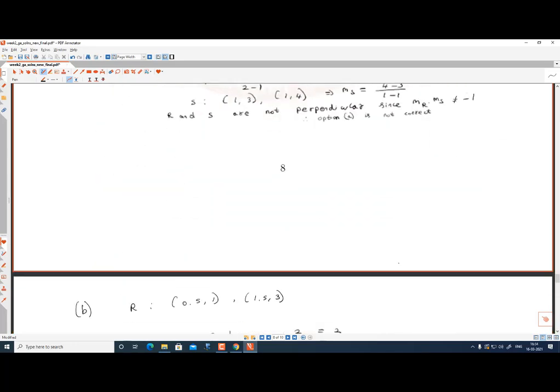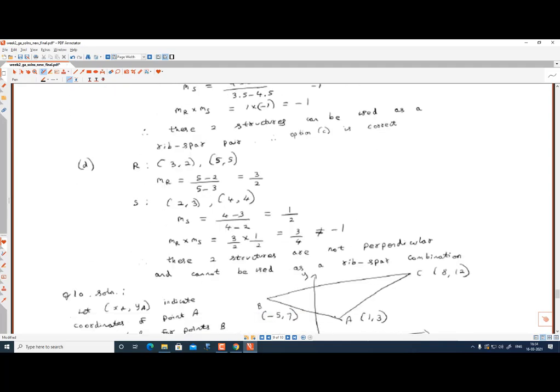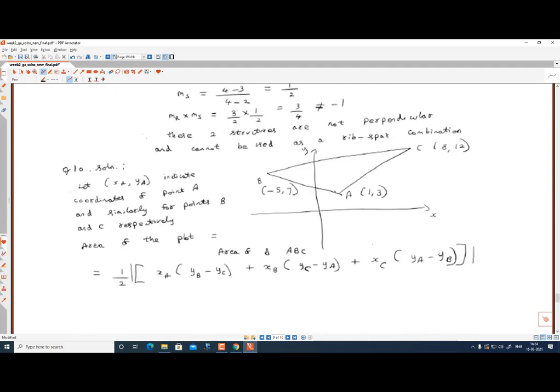So we look at the solution for question 10. We identify the points A, B, C, (1, 3), (-5, 7), and (8, 12) in the coordinate xy plane. For the sake of convenience, we mark the coordinates of A as XA, YA, similarly B as XB, YB, and for the point C, XC and YC.